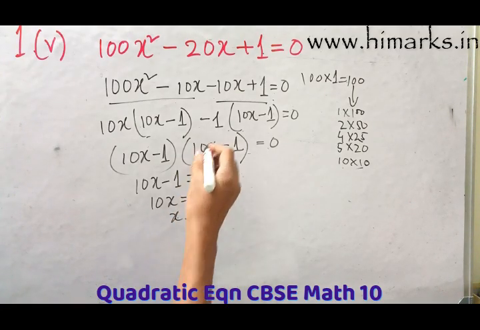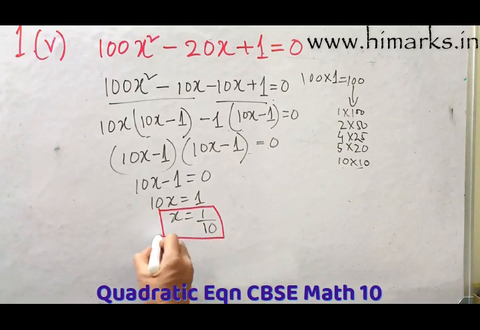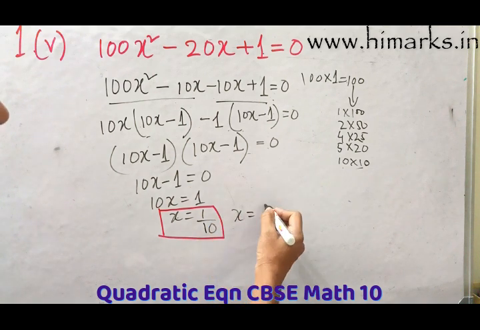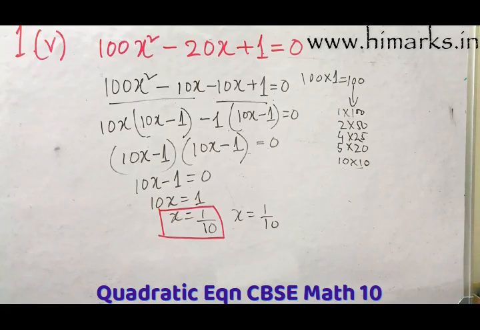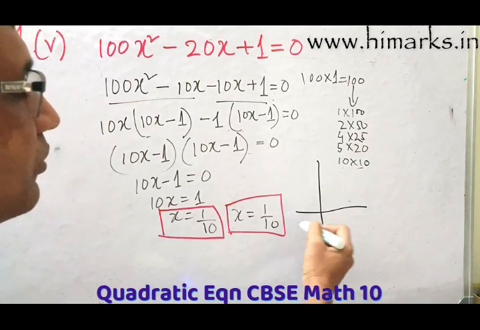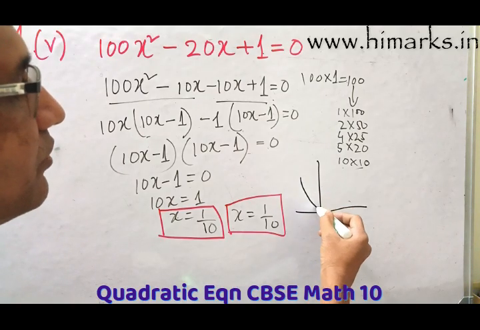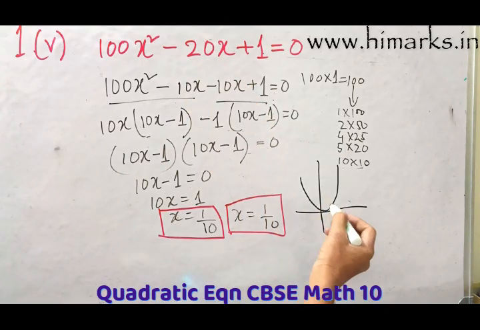This is the root of this, and in this case both roots are equal, and that root is 1 by 10 and 1 by 10. So the solution is x equal to 1 by 10, and the other x is also 1 by 10. So two solutions are there. What does it mean? This kind of same solution means, if you draw the graph, 1 by 10 is somewhere here and it touches at that point.